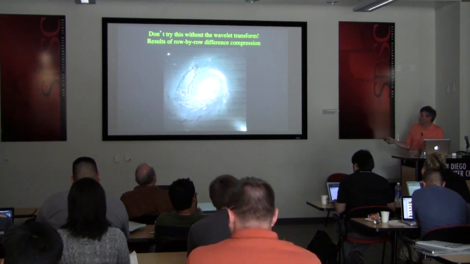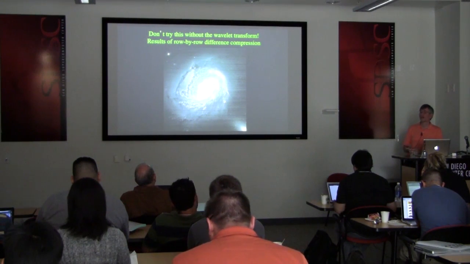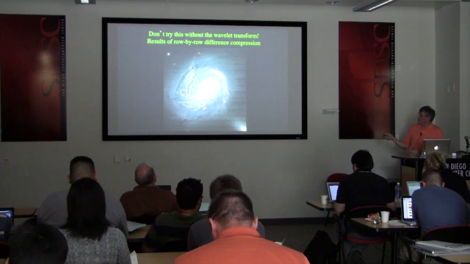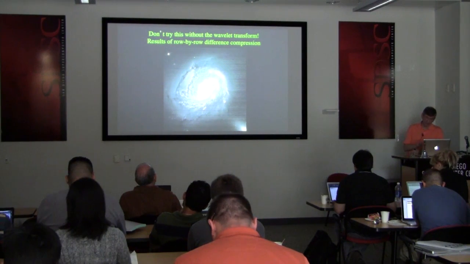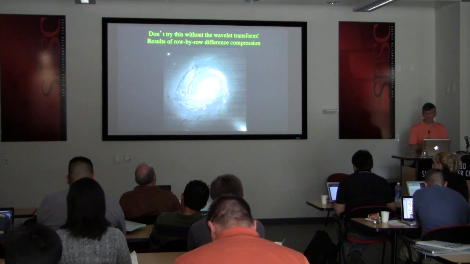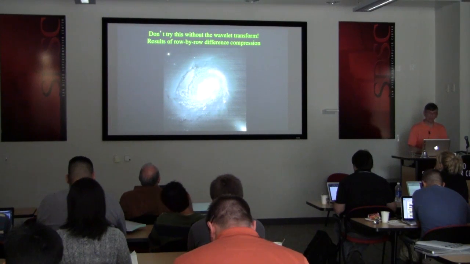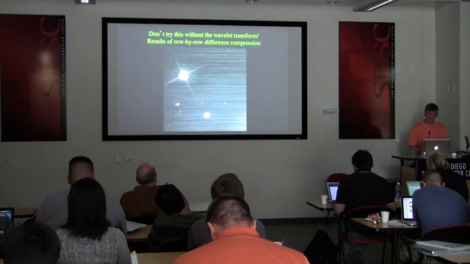It produces an image that looks like this, where it's just full of stripes, because basically every tiny little bias that you introduce winds up propagating across the whole row of the image. So wavelet transforms allow you to make approximations in a space where you really can separate the noise from the signal in the best possible way.